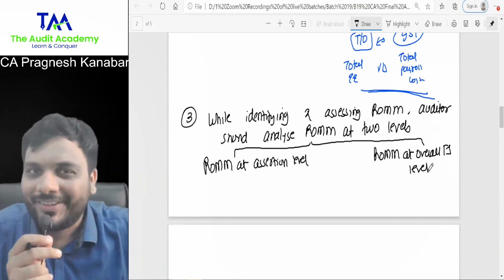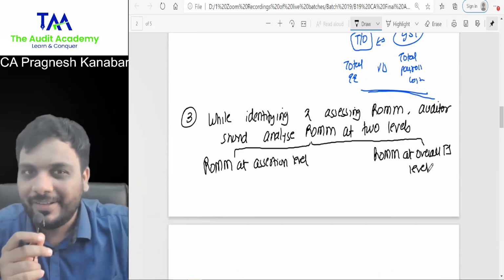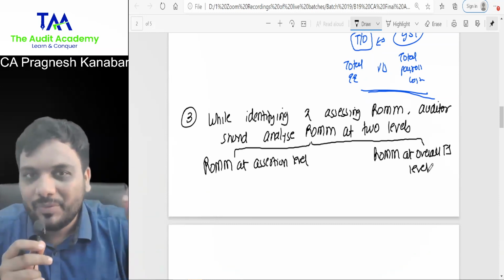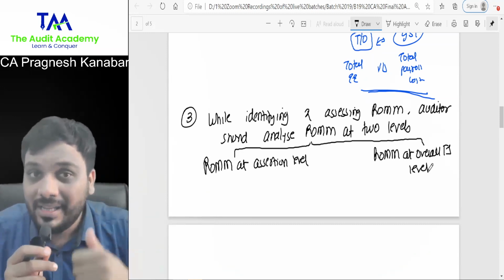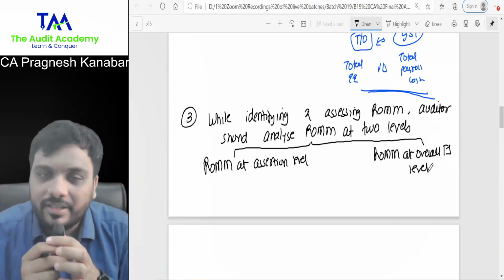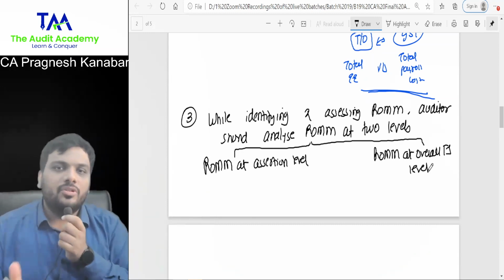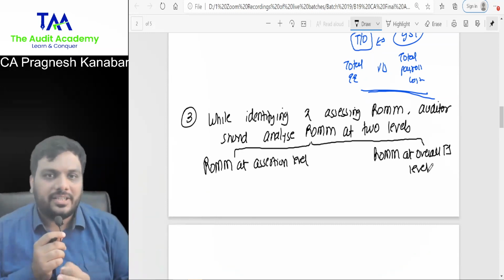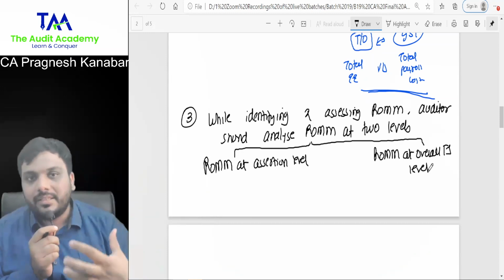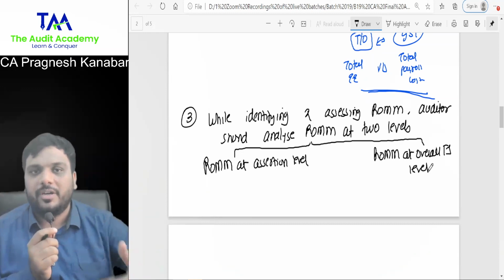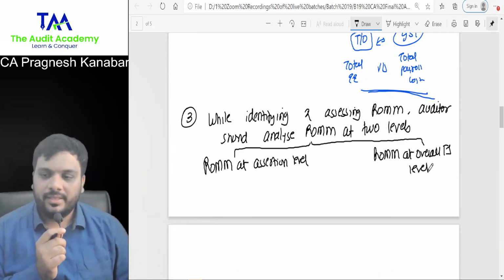Now, come on, you are at finance level. You know that transactions with related parties are the biggest instrument for evading tax, for manipulating the financials. So when you came to know that 90% of the transactions are with related parties, don't you think you will be worried that the overall financial statement could be manipulated? Yes or no, sir?